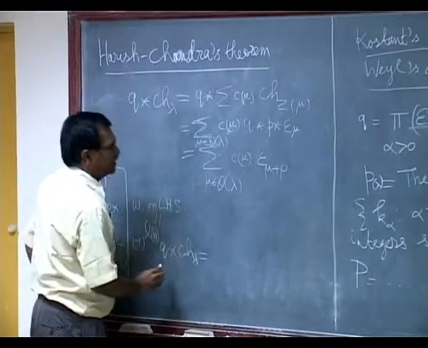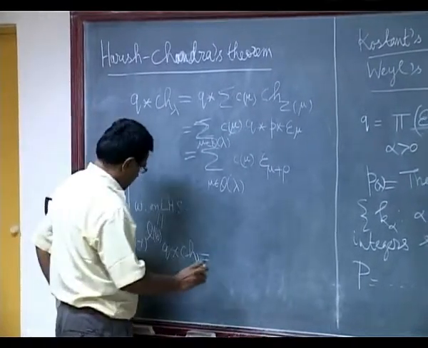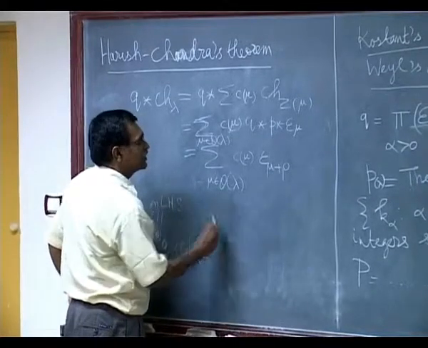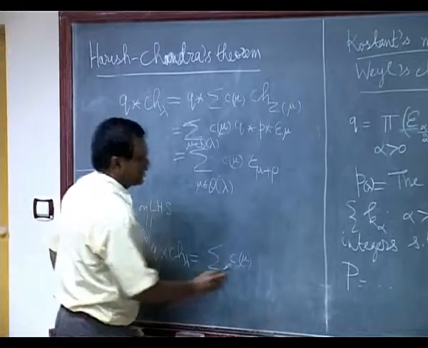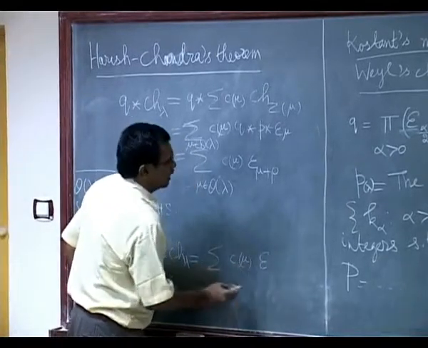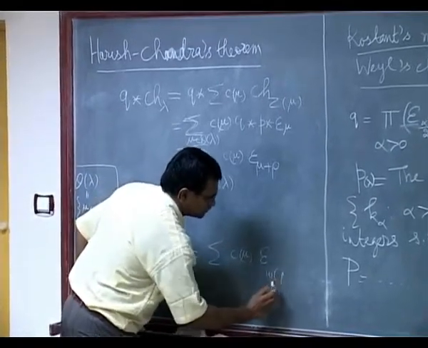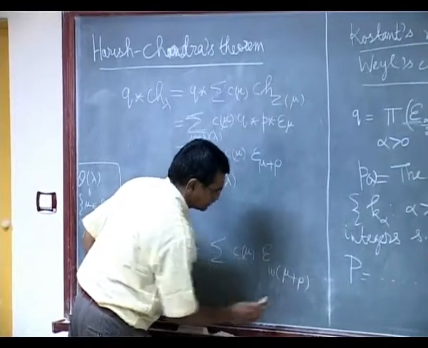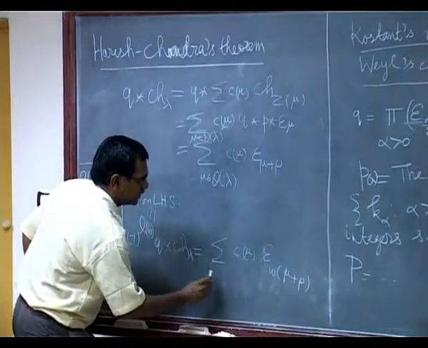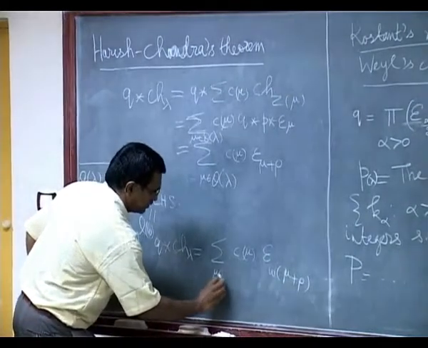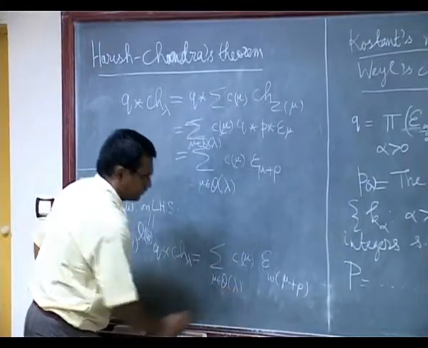This is equal to the RHS. So this side we have sigma C mu epsilon W of mu plus rho, and of course mu in theta lambda.